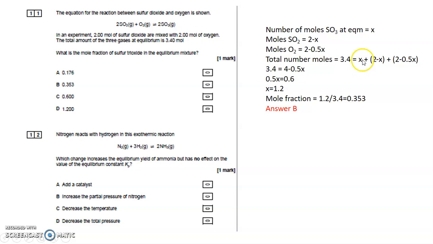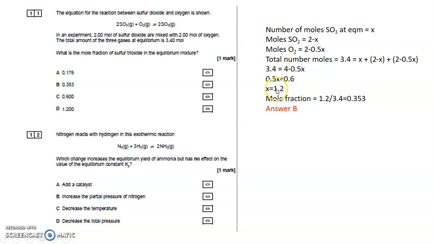So X take away X is nothing, 2 add 2 is 4, 4 take away 0.5X equals 3.4. Take 0.5X across the other side and take the 3.4 across the other side, so 0.5X now equals 4 take away 3.4, which is 0.6. Divide both sides by 0.5, X is 1.2.